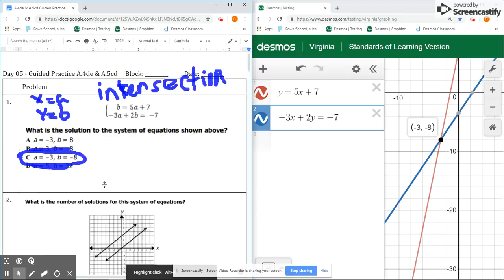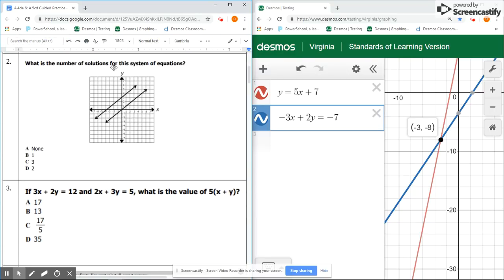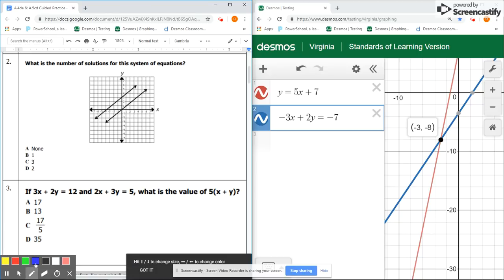Okay, number 2. What is the number of solutions to the system? So if we have two lines that intersect at one point, and that is one solution.